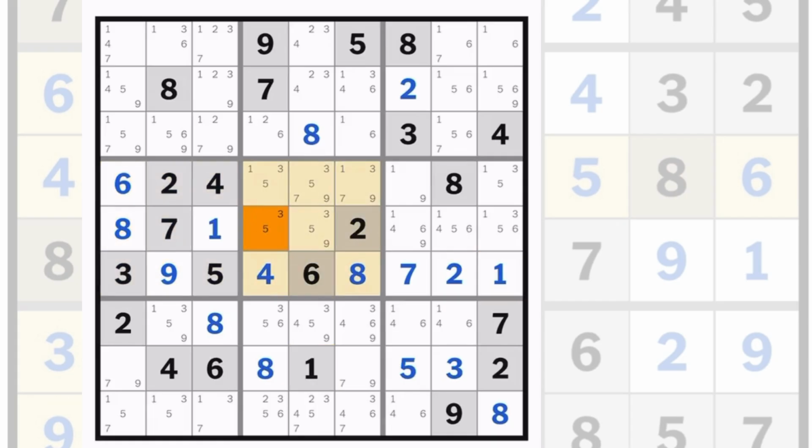So in which case we can remove 1 from here, we remove 1 from here. So here also we remove 1, 1, and 1. So here also we need to remove, and this is a cell where 9 is a unique candidate. So here we remove 1 and 9. So here also we remove 1, 1, and 1.